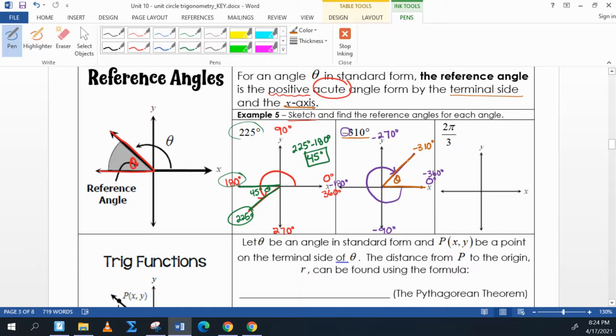We're just trying to find the difference between this angle and my negative 360. So you just subtract them, negative 310, subtract negative 360. Basically from 10 to 60, it is 50 degrees. So that is going to be your reference angle right there. Just find the difference between the terminal side and your x-axis.